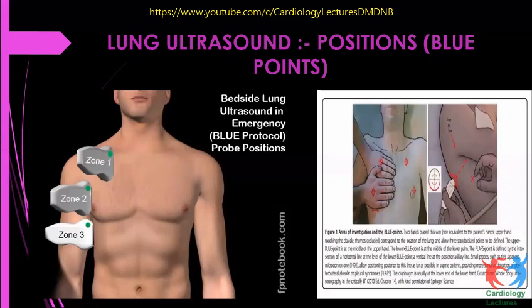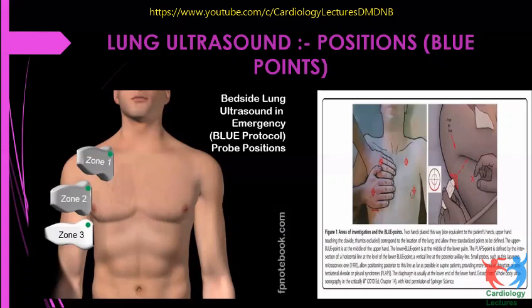The easiest way to identify where we should put the transducer probe is to put your two hands, palmar surface, on the patient's chest, on the side you want to do ultrasound. The sternum should have the tips of your fingers, and the thumb should be overlying the other palm.